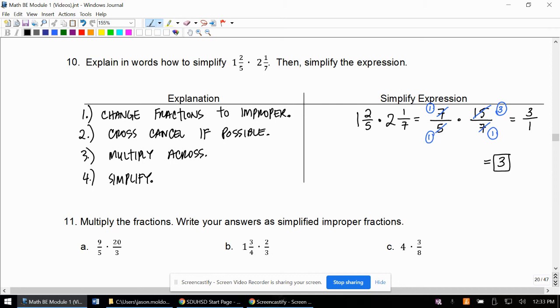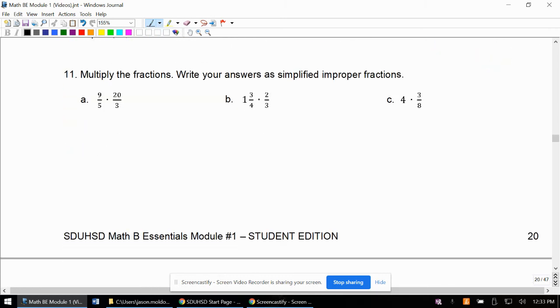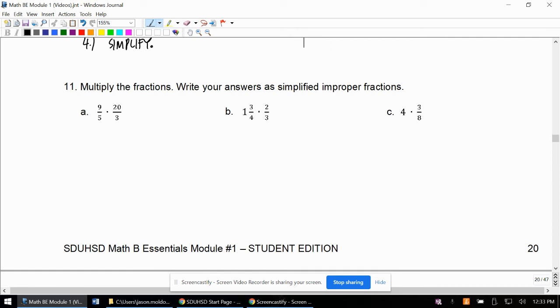All right, so on 11, step 1, change to improper. That's done. Step 2, we're going to look to cross cancel. So we're looking diagonally. It must be diagonal. 5 goes into 5, and it goes into 20, so we can cross cancel. 5 goes into 5 one time, and into 20 4 times. 3 goes into 3 and into 9, so it's best to start with the smaller number. 3 goes into 3 once, and into 9 3 times.